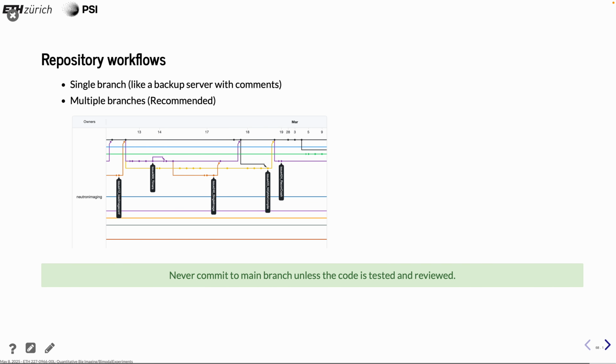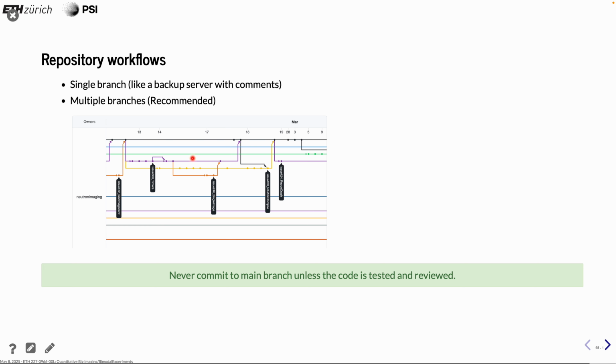And the workflow when you work with the repository is you can, of course, work with a single branch. Then it's more like an advanced backup server with comments, and you can go back in history. But it's actually much better to work with multiple branches. What you can see in the figure here is a snapshot from my repository.